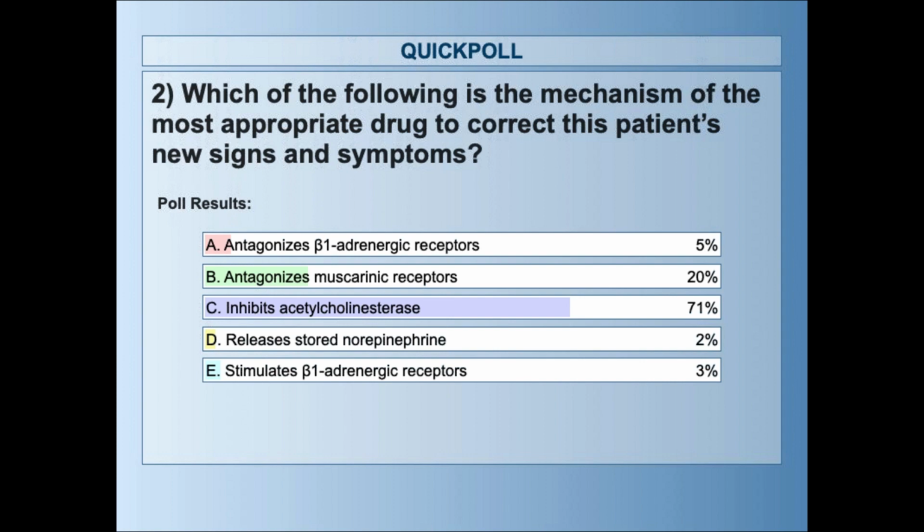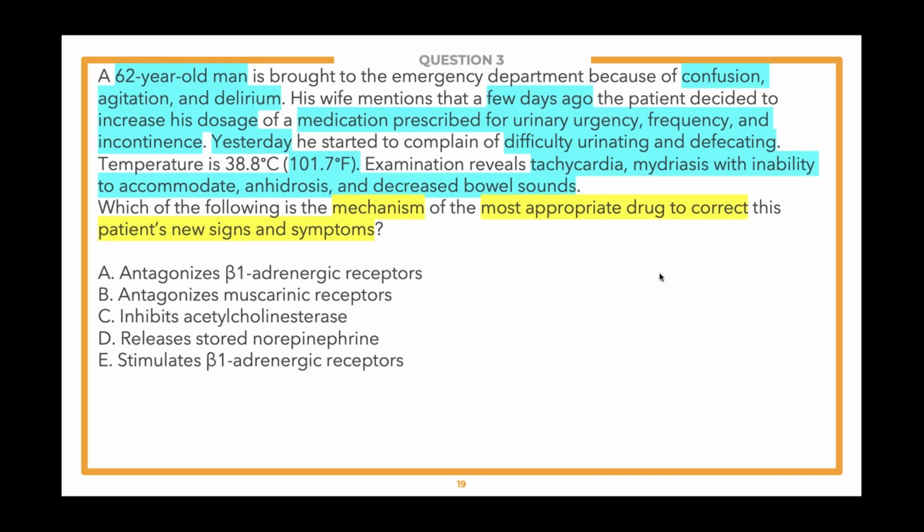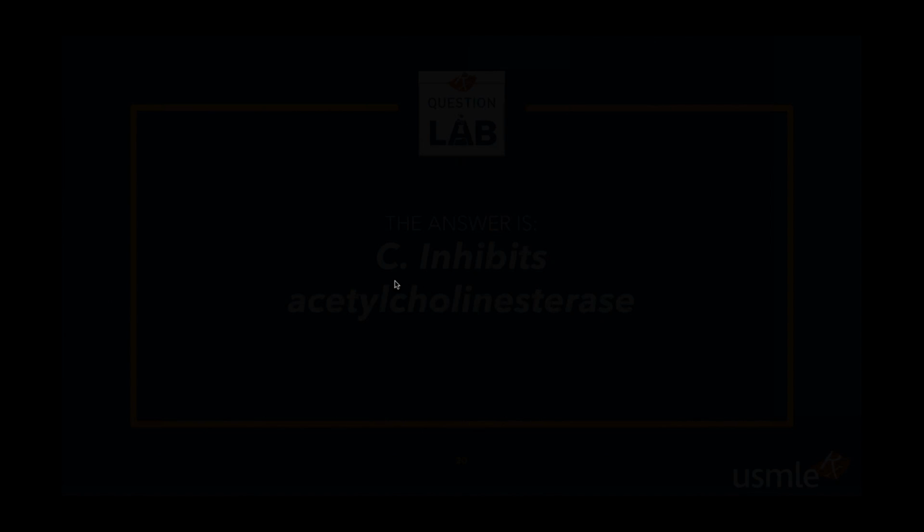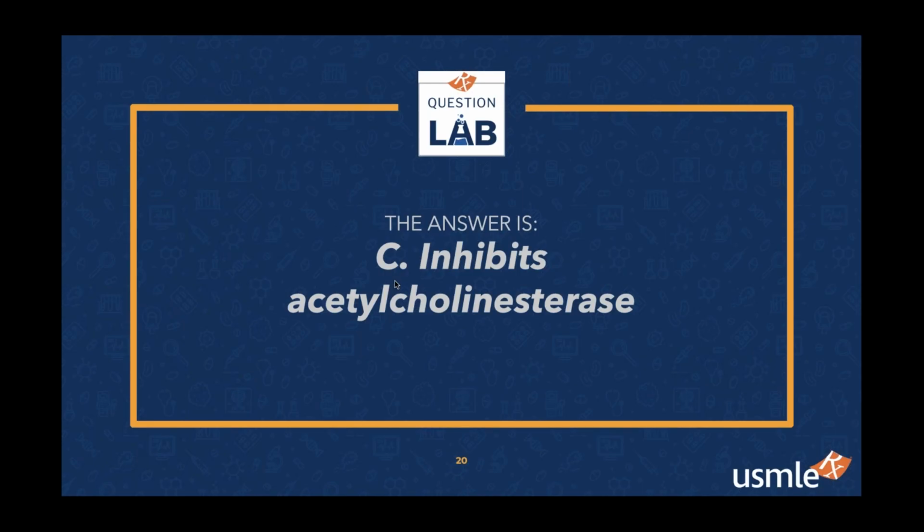And the answer for question number 2, drum roll please, is indeed answer choice C, inhibits acetylcholinesterase. Great work, everybody. I think applying the knowledge that you just gathered from Sean helped some of you out. If you got it wrong, though, that's okay. We're going to walk through it for you.